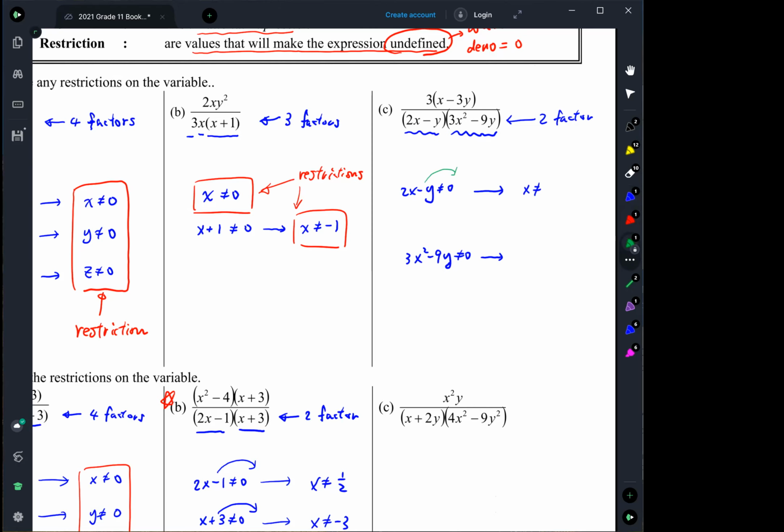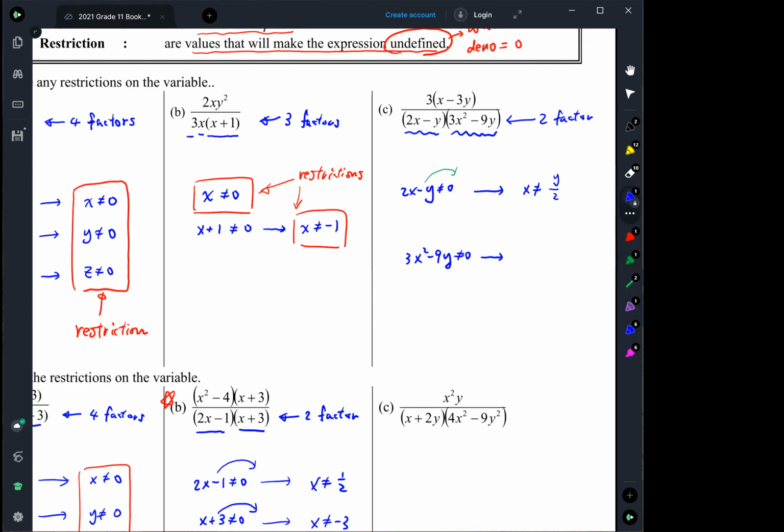It cannot equal 1/2 of y. So 1 over 2y. You can write it like that, or you can just write y over 2. Move the y over and then divide by 2.